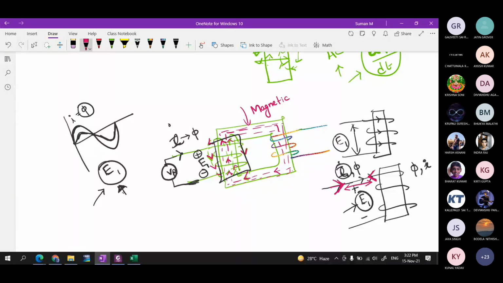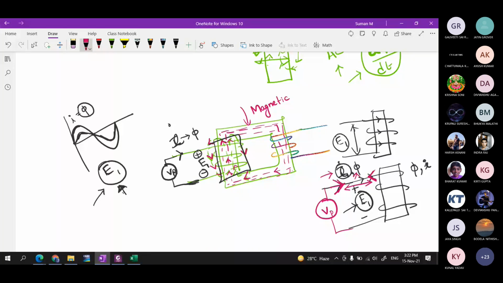I repeat, you have a voltage source. From that voltage source you get some current because the circuit is closed. Because of that current, there is some flux. That flux, because it is alternating in nature, is going to induce some EMF across these terminals.